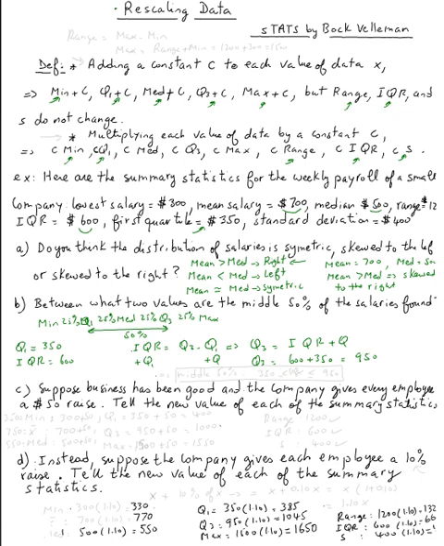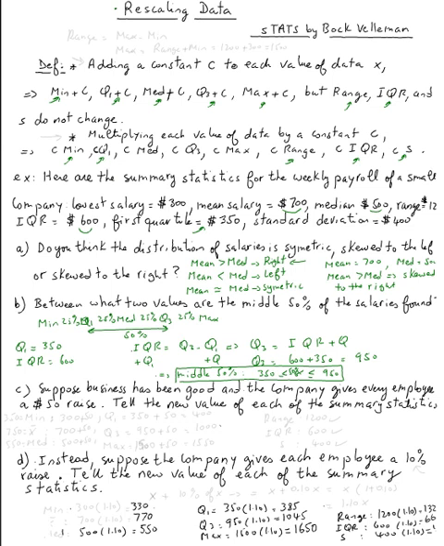So the answer: the middle 50% of data is between, let's call it X, between Q1, which is 350, and Q3, which is 950. Right? So this is the middle 50% of all data.